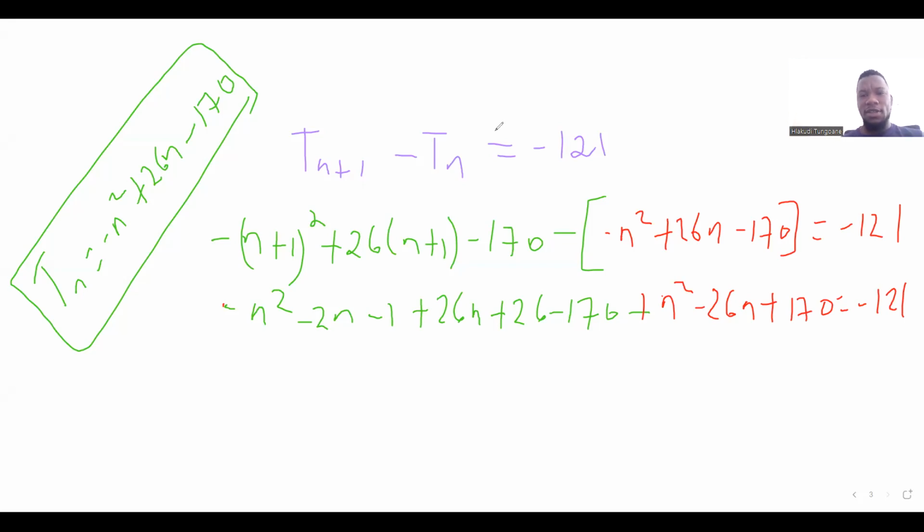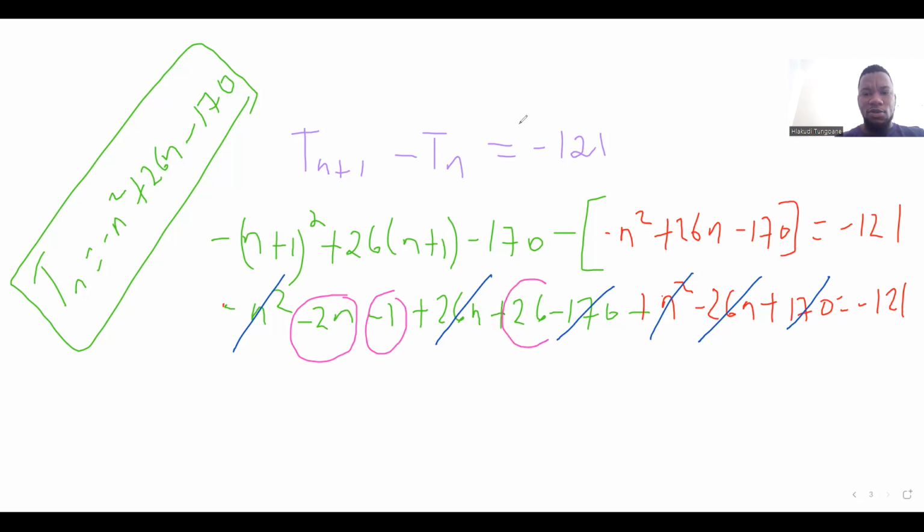This guy will cancel with this one, this guy will cancel with this one, and this guy will cancel with this one, right? So you're only left with 3 terms, this guy and this guy. Everything else cancels out, right?